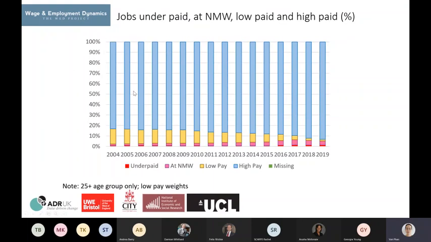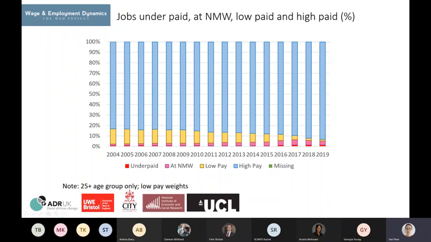And here is the graph of jobs underpaid, at minimum wage, low pay and high pay. That shows all the jobs for the 25 plus age group, and the percentage of low pay jobs, those above the minimum wage but below two-thirds of the median, has shifted.